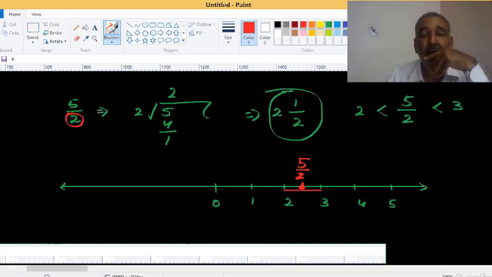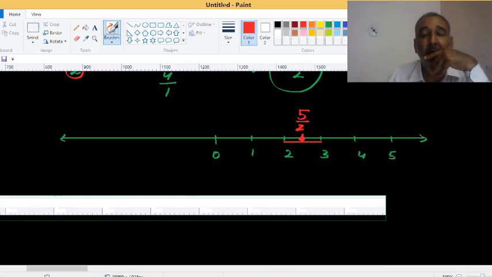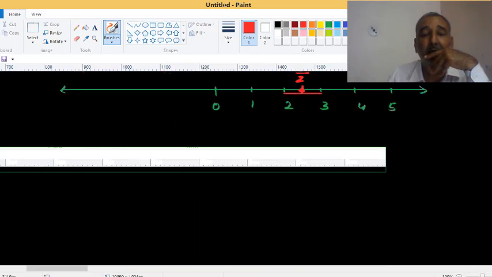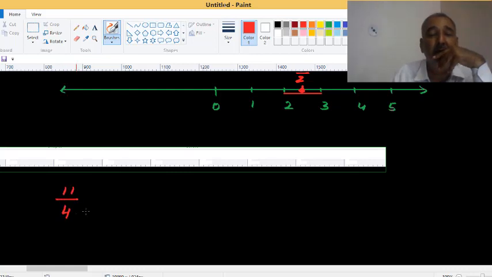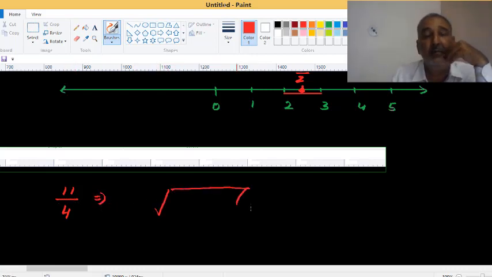I have taken 11 by 4. What will be the case of 11 by 4? Let's take the number 11 by 4 once again. Convert it into mixed fraction. 4 twos are 8. Your remainder is 3. So this number is 2 and 3 upon 4.